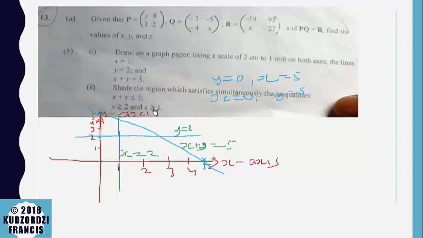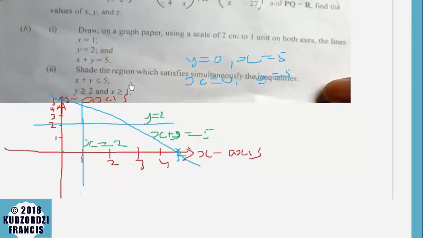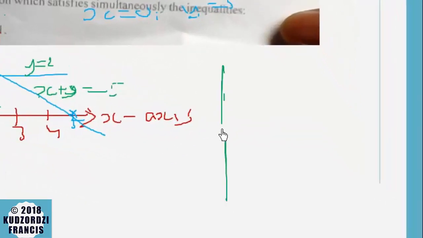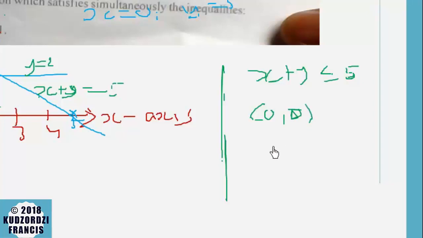So let's do that. Let's take the first one, x plus y is less than or equal to 5. So when we test for the origin, (0, 0), it's the easiest one to test, we get 0 plus 0 is less than or equal to 5.